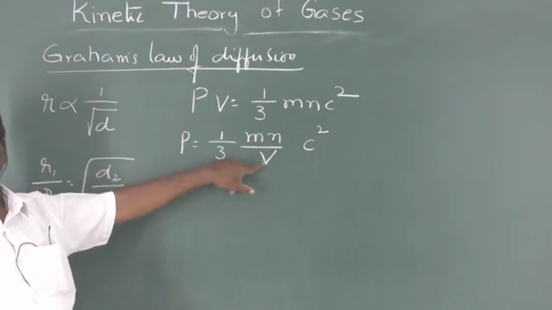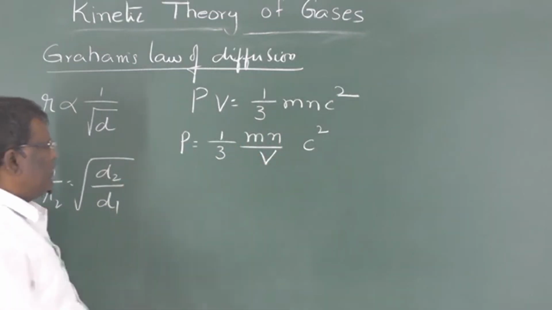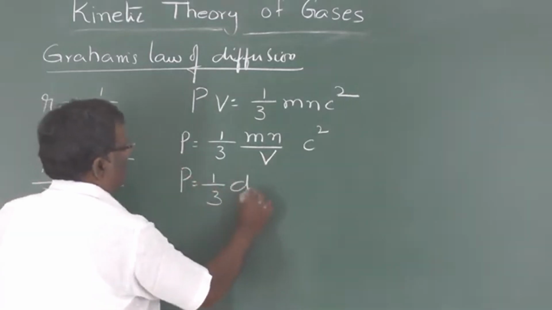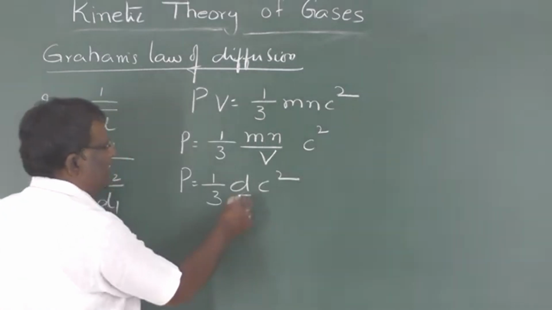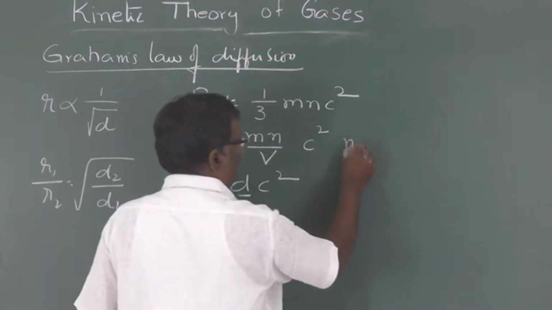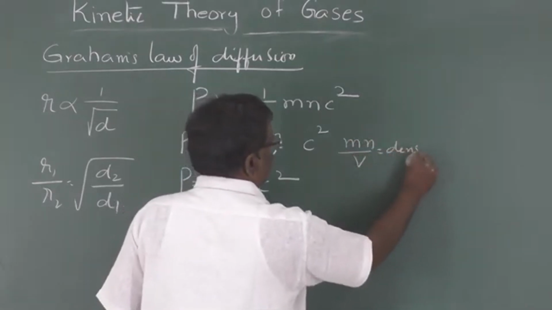Mass by volume is nothing but density, so mn by V is equal to density d.